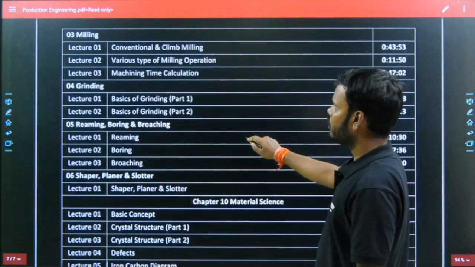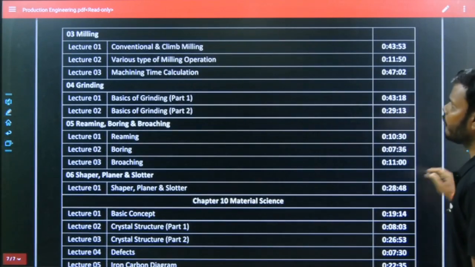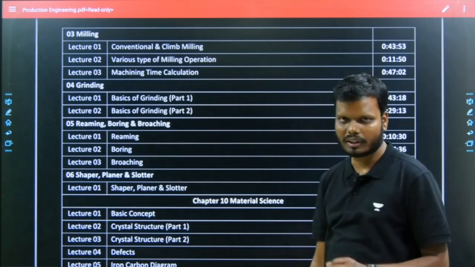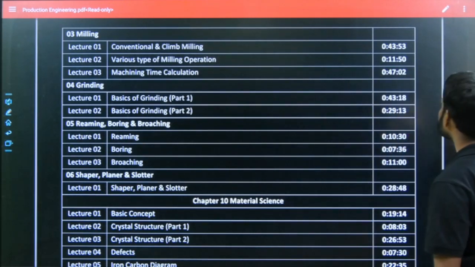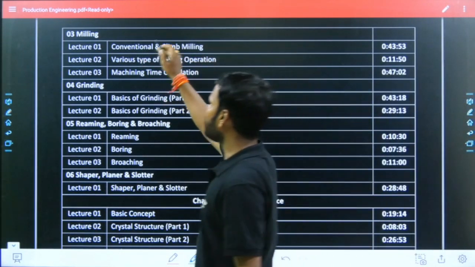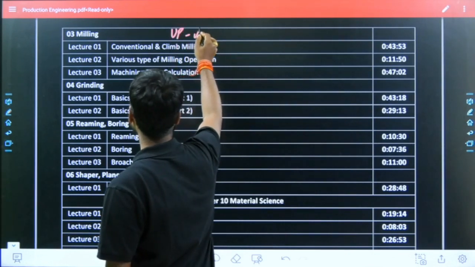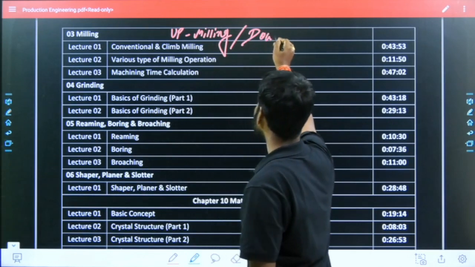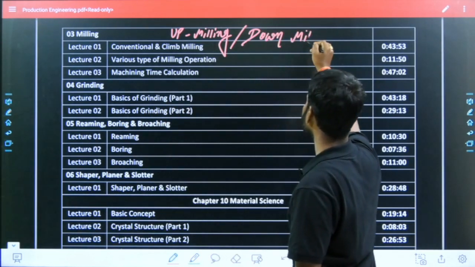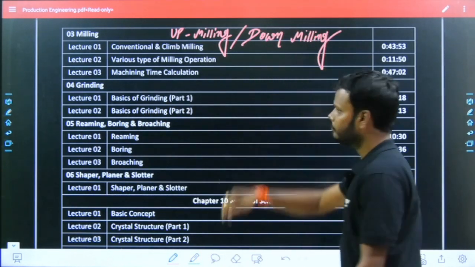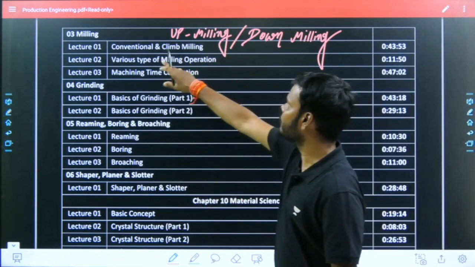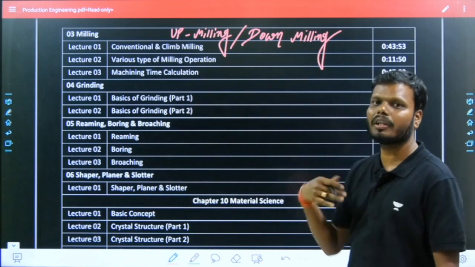Next, milling. Conventional and climb milling, various types of milling operations and machining time calculation. In milling, see carefully, the up milling and down milling concept is very important for the GATE examination. Up milling and down milling, so don't miss this concept. Up milling and down milling concepts are covered in conventional and climb milling and various types of milling operations.